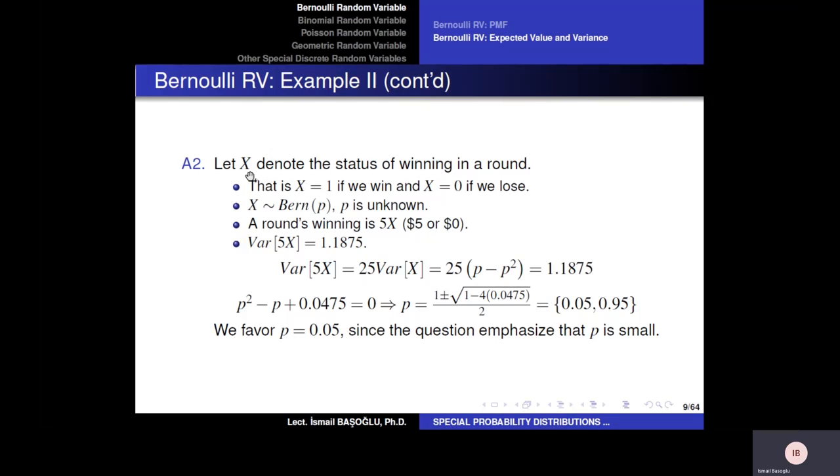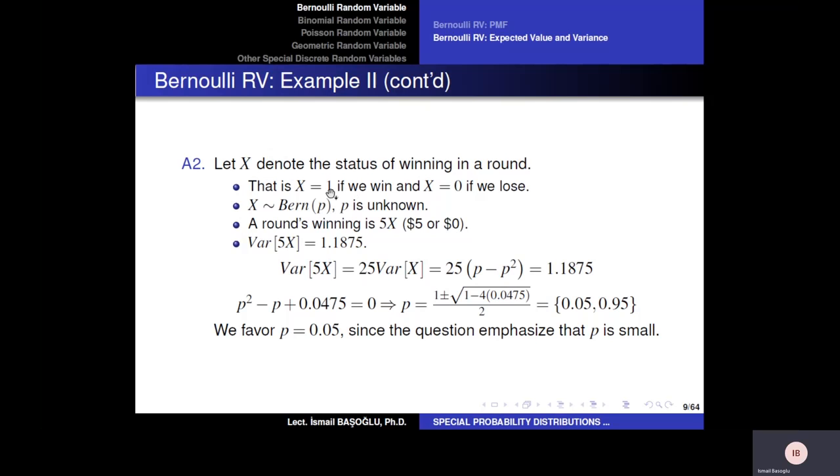Therefore, if we define capital X as a Bernoulli random variable, it takes value 1 if we win and it takes value 0 if we lose, and the probability of winning is P. Therefore, X is a Bernoulli random variable with success probability P. And we can also model the amount of winning at the end of a round as 5 times X, because if we lose the round, the winning status will be 0, and the amount of winning will be 5 times 0 equal to $0.